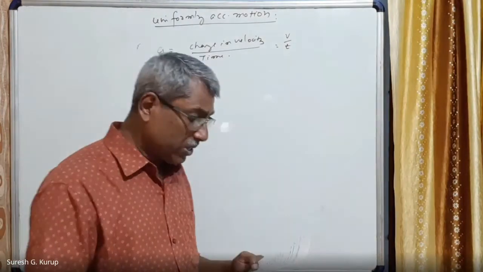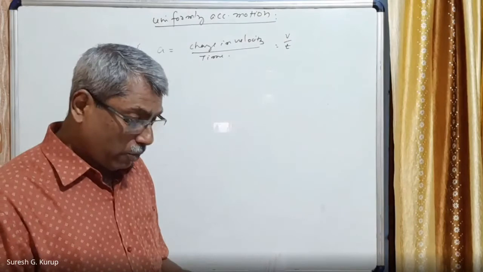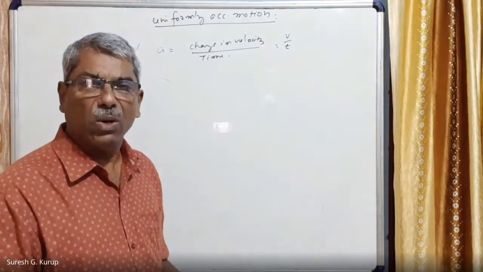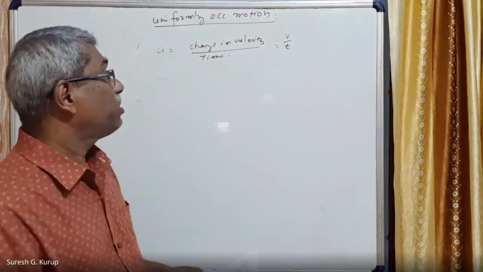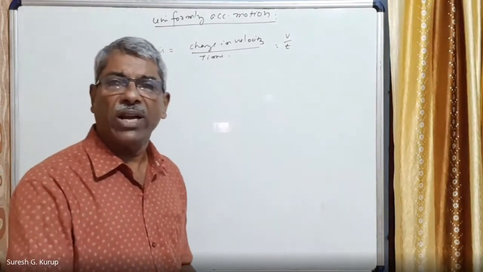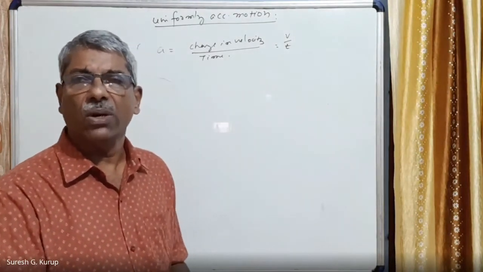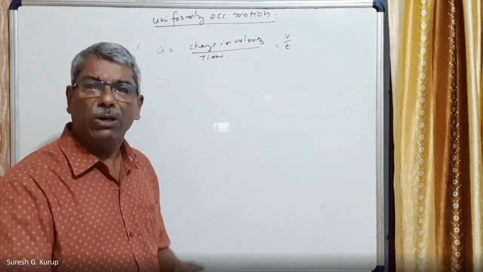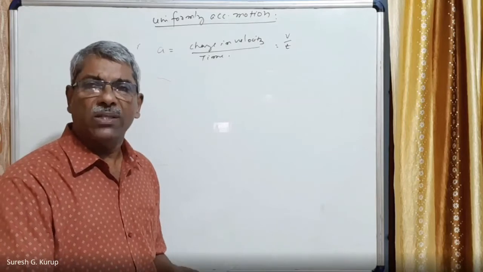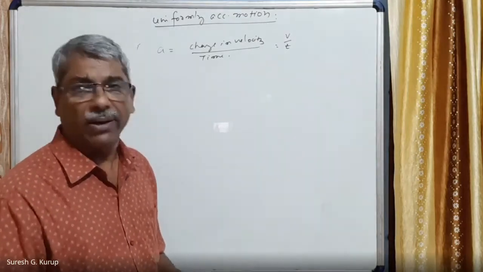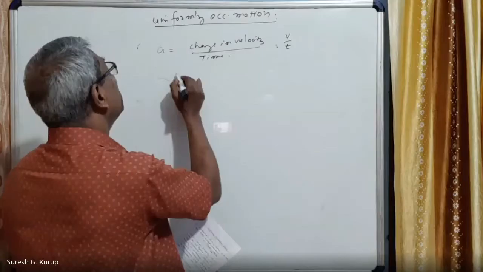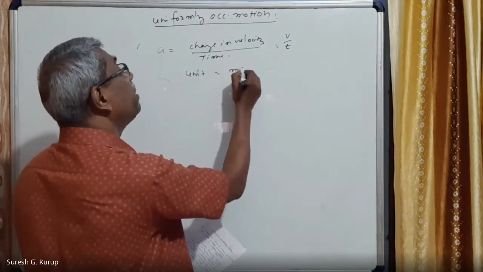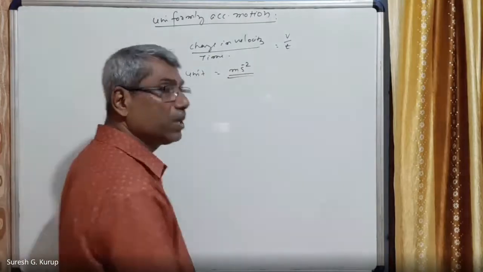So this is the condition. In uniform acceleration, the acceleration of a body always remains a constant. Acceleration is equal to velocity by time. Sometimes it is defined as rate of change of velocity is called acceleration. Right? It is a vector quantity and its unit in the SI system is meter per second square. Always remember this.